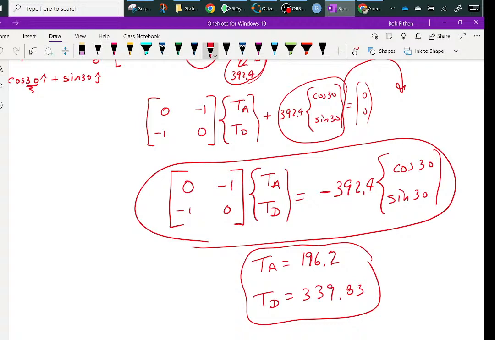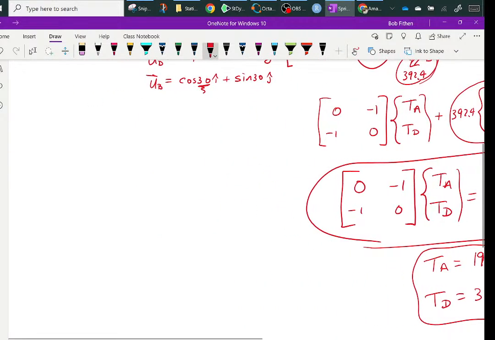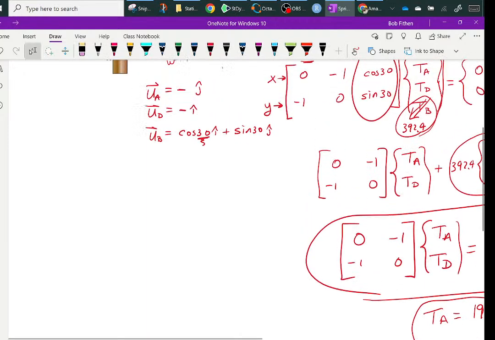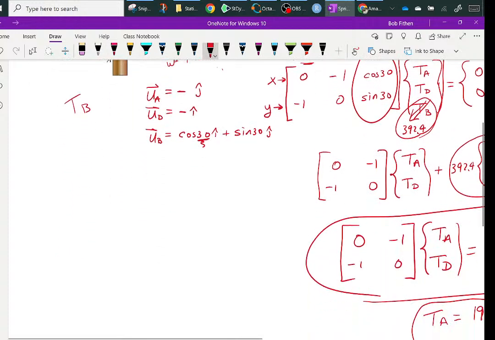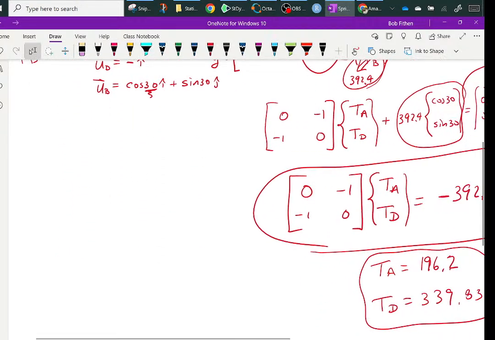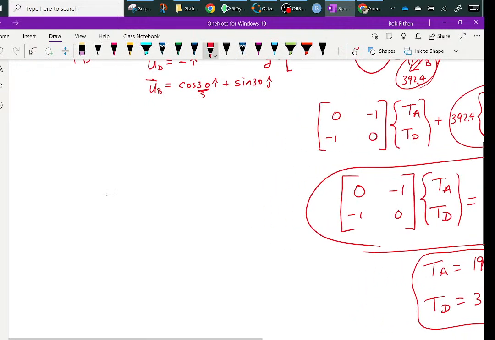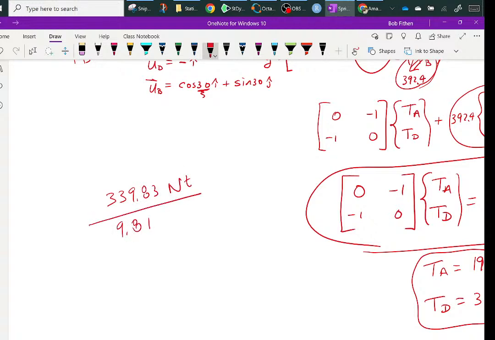Okay, I've got to finish this up. He wanted to know the mass here. So what he wants to do is take TB, which was 339.83 newtons, and divide that by 9.81.